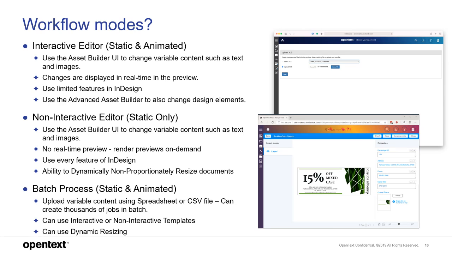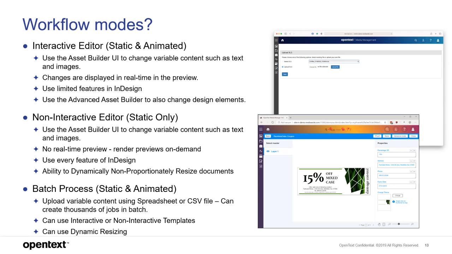And finally, the third workflow is the batch processing, which is the batch adaptation. This uses both types of templates, the static and the animated, so the interactive and the non-interactive. Instead of using the user interface to type in your changes, you simply upload a spreadsheet with those changes already in place.